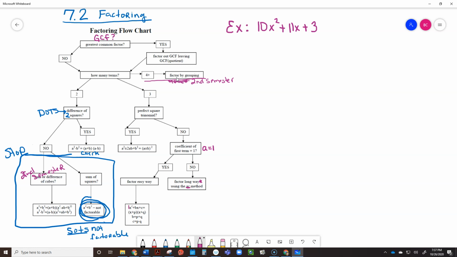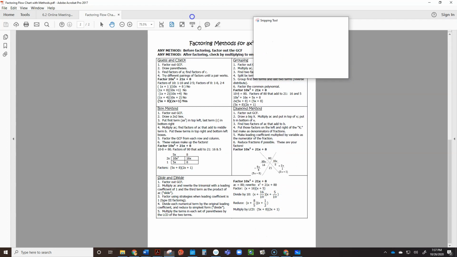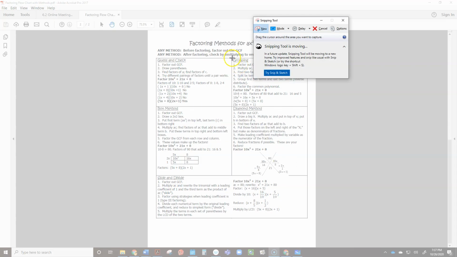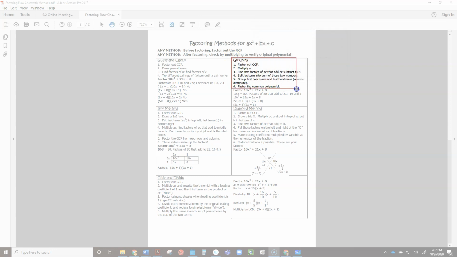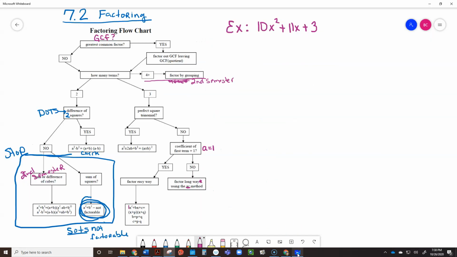I'm going to do a separate video for each one of these things right here. So the first thing I want to do is copy and paste these notes over here, so that as I work through this problem, you'll be able to see what they are.